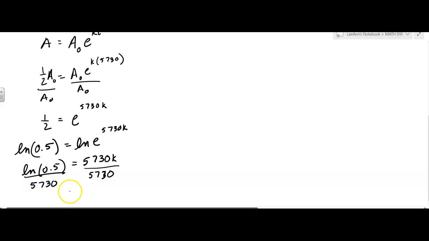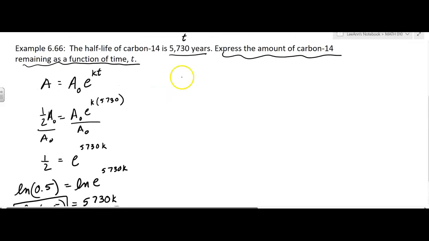Okay, now this is the exact value of k. They talk about using an exact value. So in our formula, how do we write that? We can write A equals, and they might have y equals, I'm not really sure on that, A naught e to the, and now we're going to have this number we came up with, natural log of 0.5 divided by 5,730 times t.